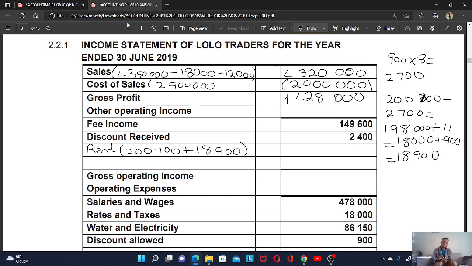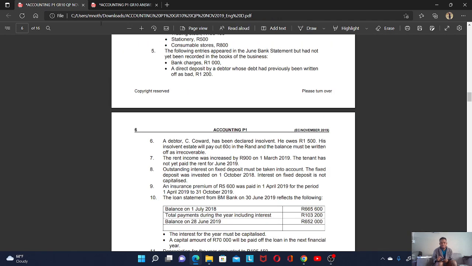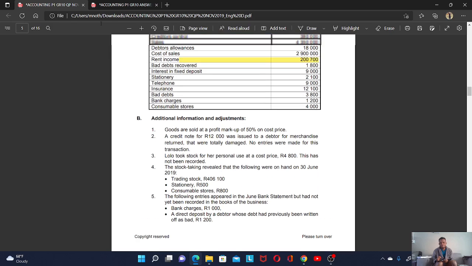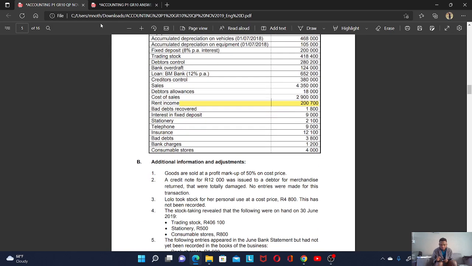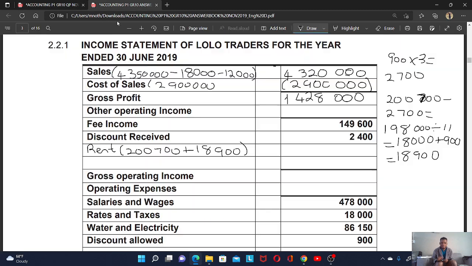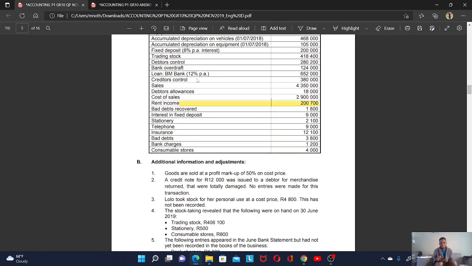Okay, let's go back. Check if we have anything that is affecting the incomes. We have the bad debts recovered of 1,800. Now let's go to the adjustments to check if there's anything that is affecting your bad debts recovered.